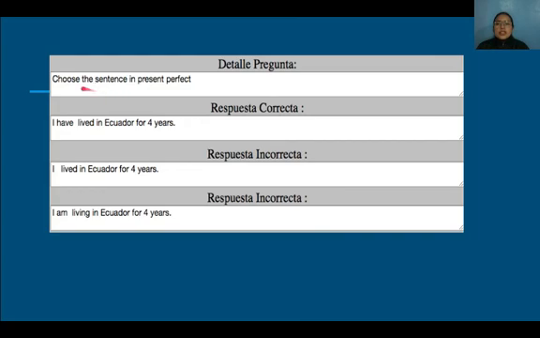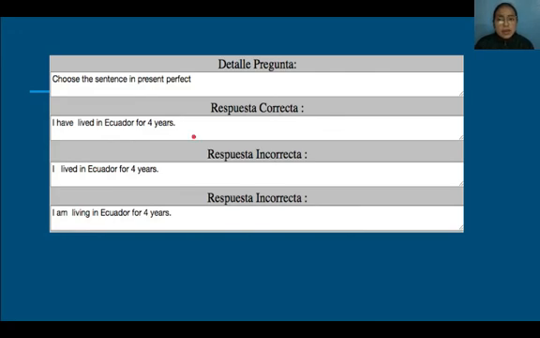Next, choose the sentence in present perfect. Okay, in present perfect, I have lived in Ecuador for 4 years. I lived in Ecuador for 4 years. I am living in Ecuador for 4 years. Number one is correct.